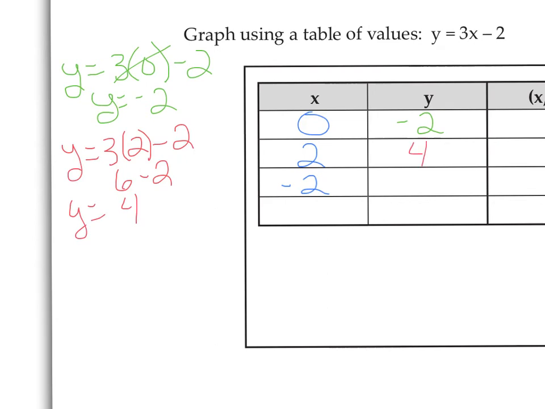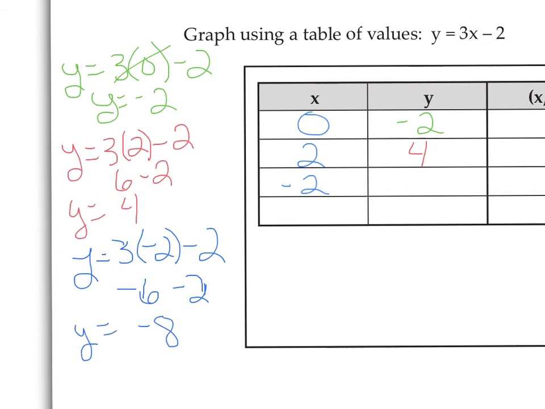When x is 2, y is 4. And then I'm going to plug in -2 for x. So y equals 3 times -2 minus 2. So -6 minus 2 is -8. So y equals -8.